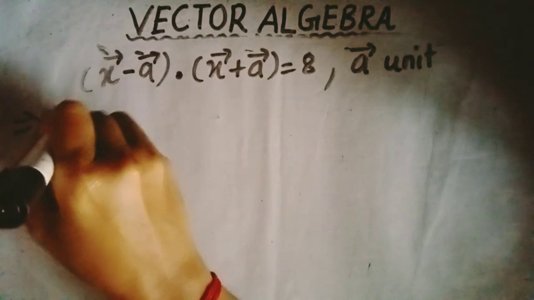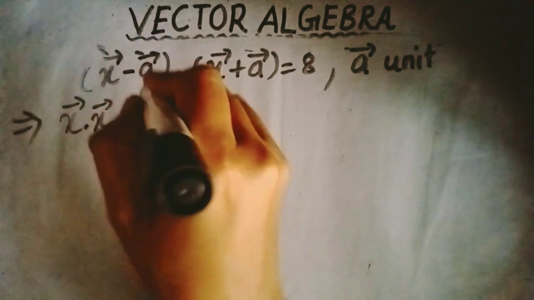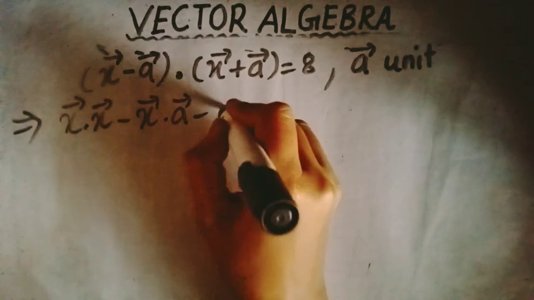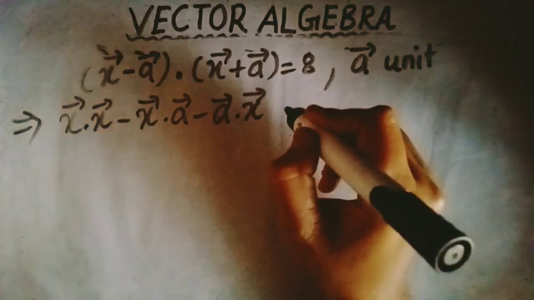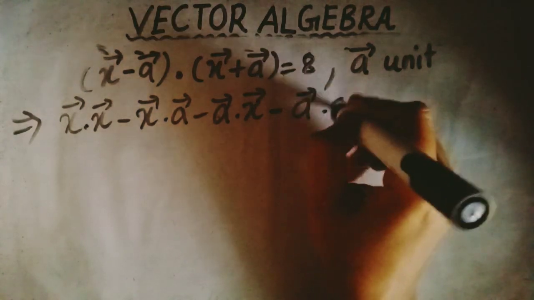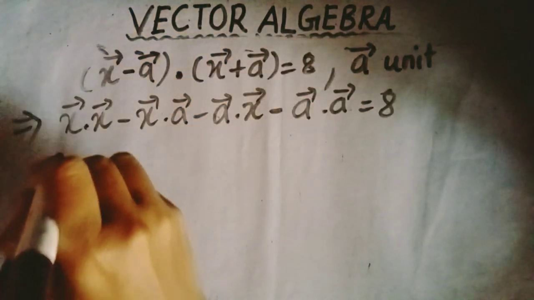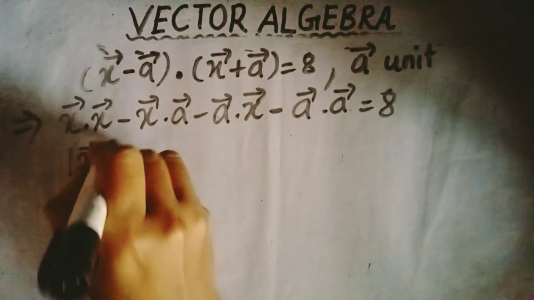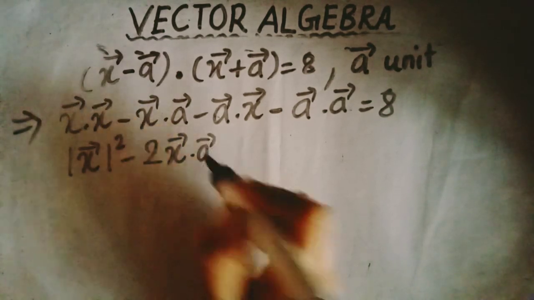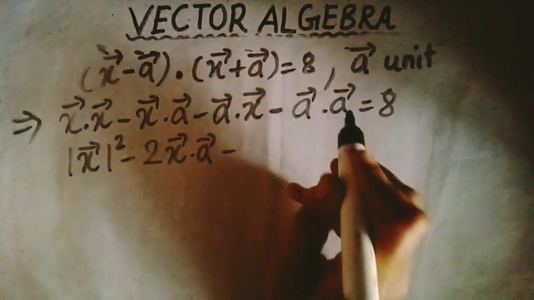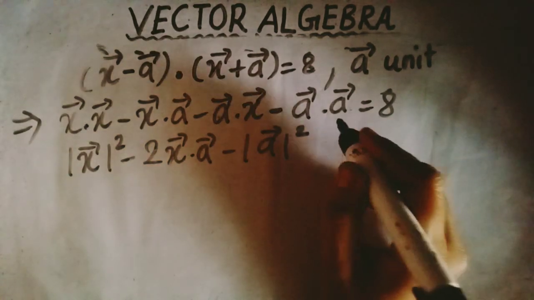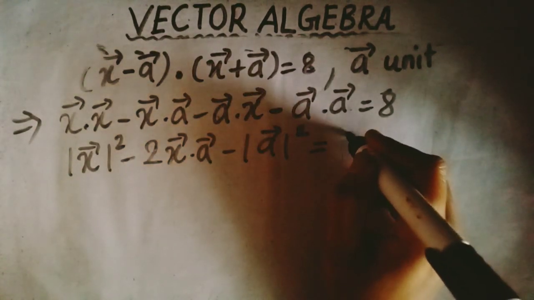So taking dot product, x dot x minus x dot A plus A dot x minus A dot A is equal to 8. Okay, so this will be x square minus A dot A, mod of A square, equal to 8.